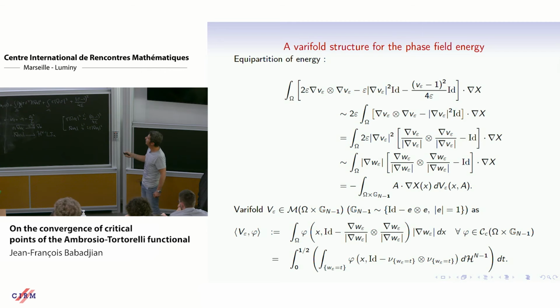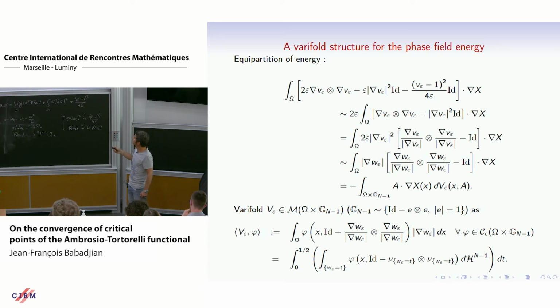A varifold will be a measure defined on the cross product of omega, which stands for the spatial position of your object, and the n-1 dimensional hyperplanes of Rn that I call Gn-1, the n-1 Grassmannian, which represents all tangent planes.